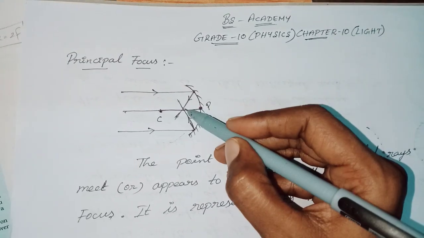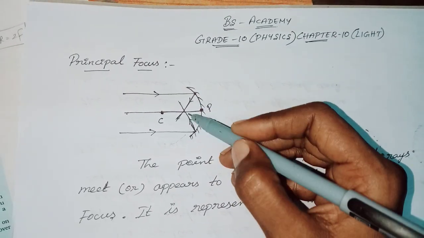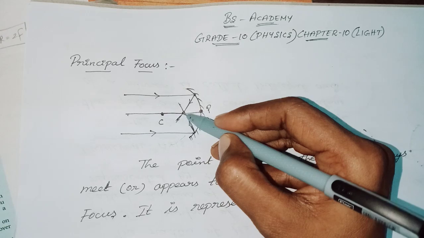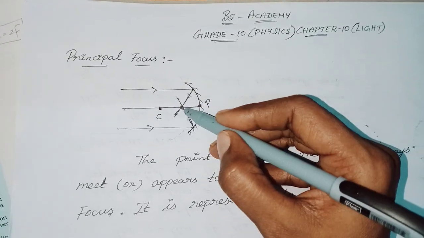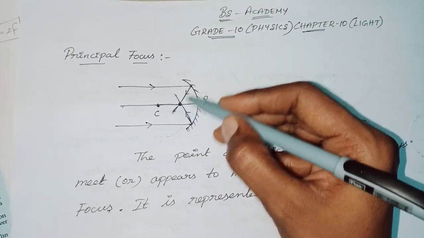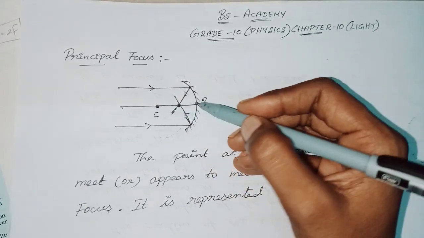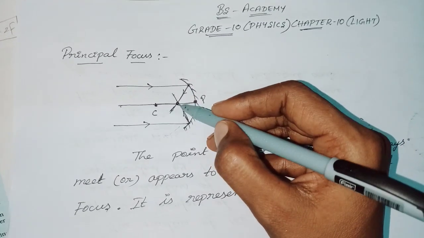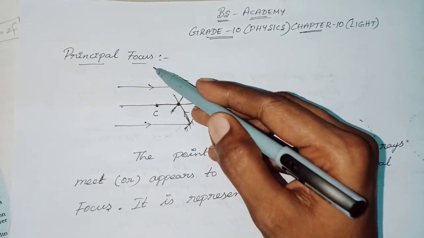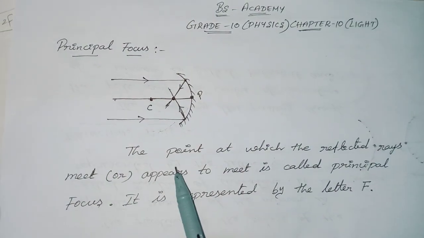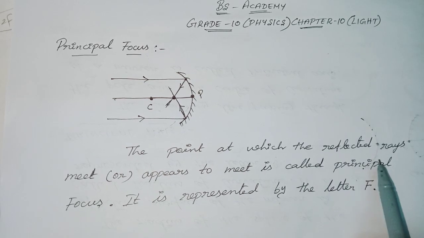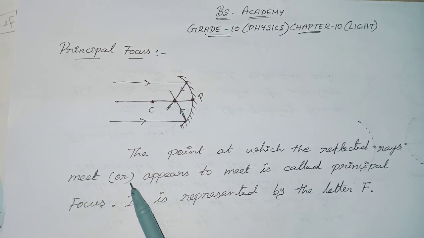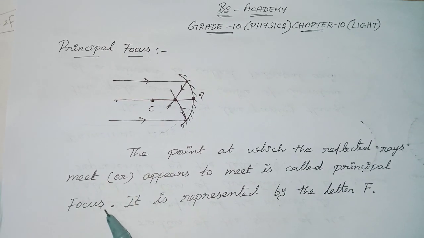Here we can observe that these reflected rays are meeting at the same point. This point at which the reflected rays meet is called the principal focus. See the definition: the point at which the reflected rays meet is called the principal focus.